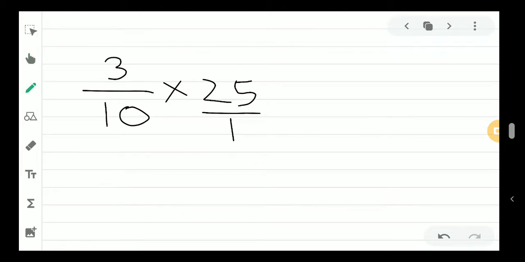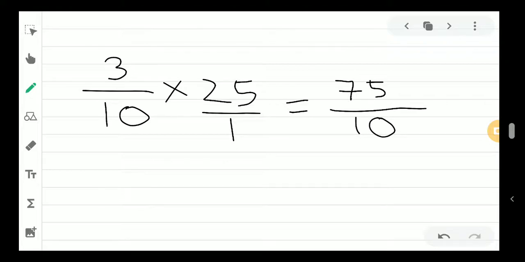Since we have learned that to multiply two fractions, we simply multiply the numerator and the numerator, that means 3 into 25, what is the product? 3 multiplied by 25, you will get 75. And this 10 and 1, if you multiply, your answer will be 10.